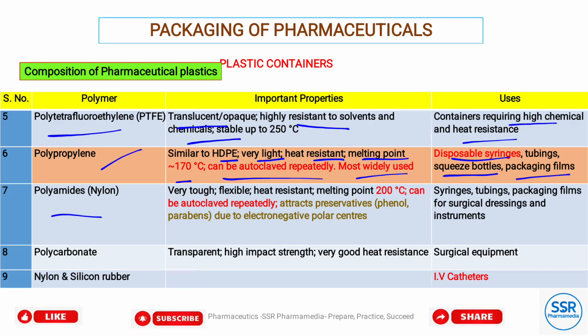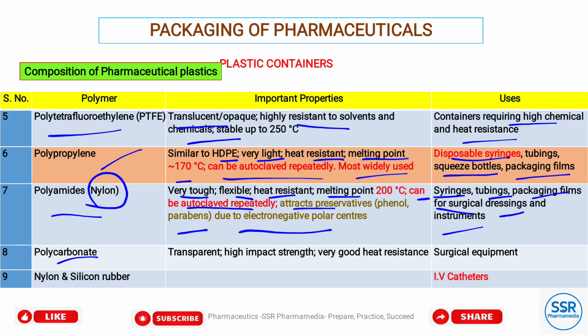And polyamides, also called nylon. It is very tough, flexible, and heat resistant, with a melting point of nearly 200 degrees Celsius, and can be autoclaved repeatedly. It attracts preservatives like phenol and parabens due to electronegative polar centers. It is used for the preparation of syringes, tubing, and packing films for surgical dressings and instruments.